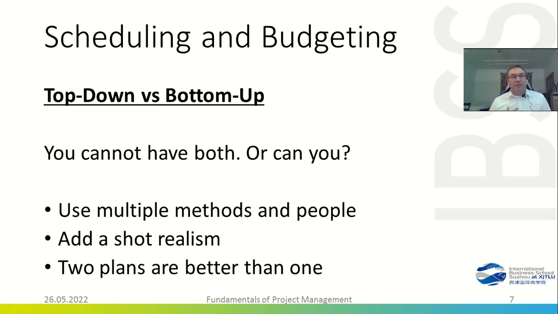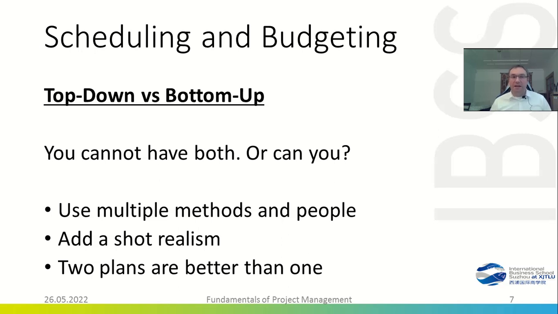The problem is both methods, including the fudge factor, are not giving us a realistic picture of the project. What you can do is use both methods. You can use different approaches to costing. You can ask multiple people.